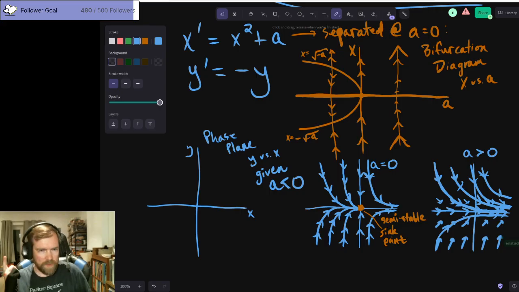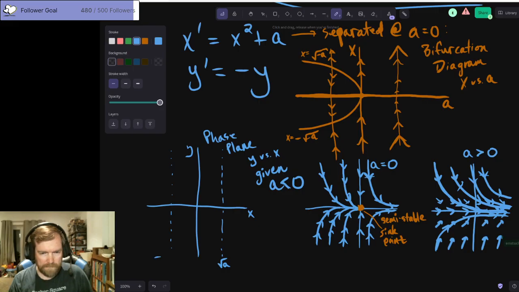All right, and what about if a is less than 0? Well, there's, I guess, going to be 2 vertical lines at x equals plus minus square root of negative a. At both of those points, do we have direct downward movement?